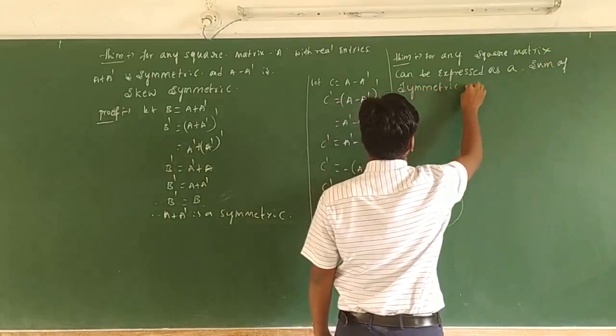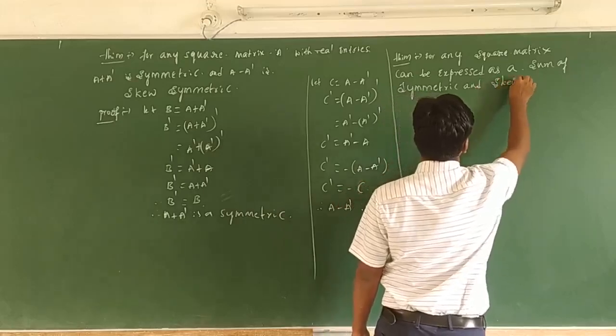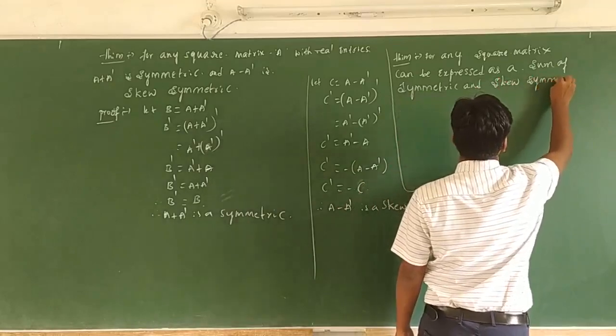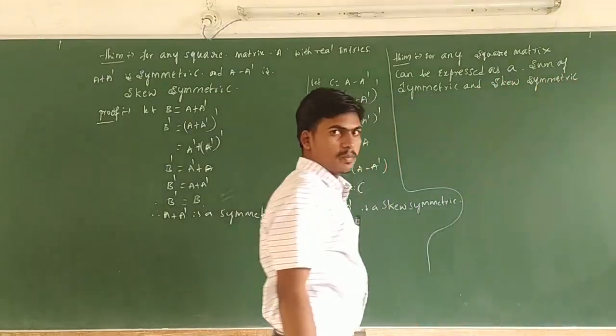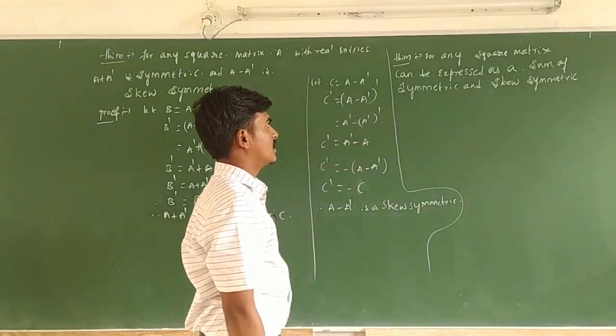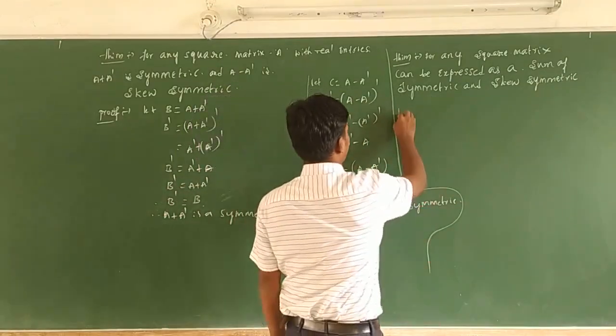Observe, any square matrix can be expressed as a sum of symmetric and skew symmetric matrices. Here, proof.